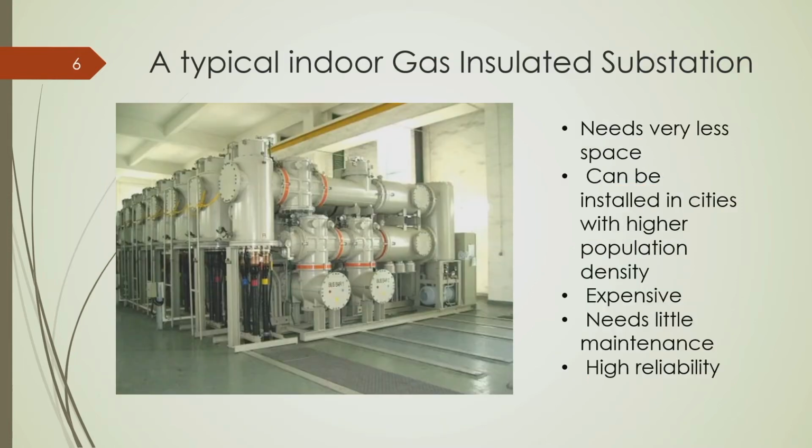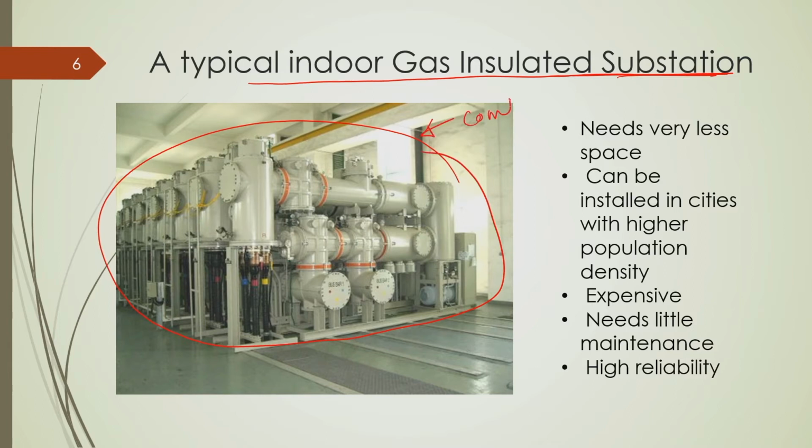Now, this is a typical indoor gas insulated substation which uses GIS technology. This is a very compact technology which can be installed in a small building, so they need very little space. They can be installed in densely populated cities, and that is why they are expensive.